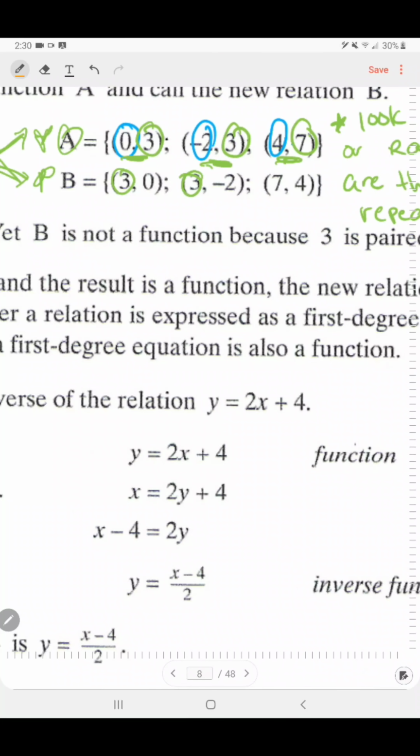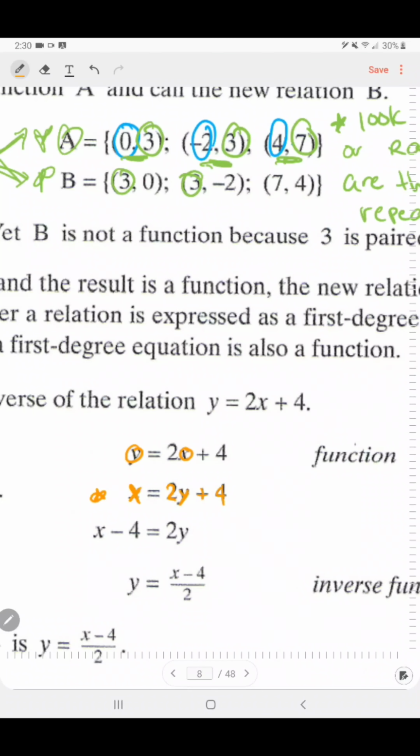So if you see here, X and Y changed places. So now X is out here and Y is in here. And then you solve for Y.